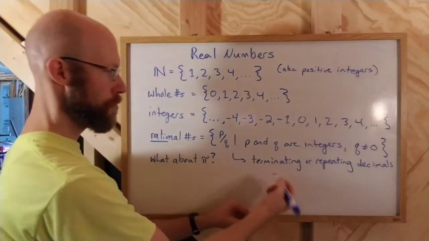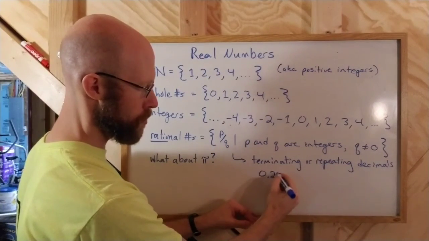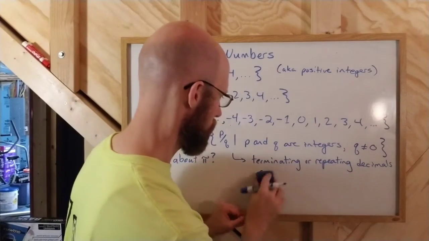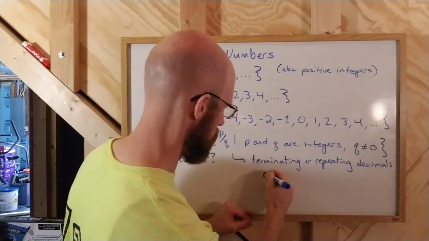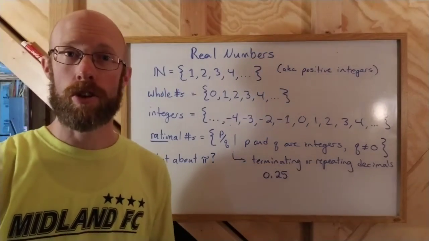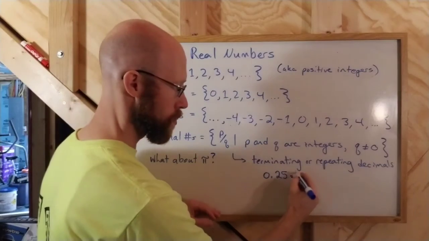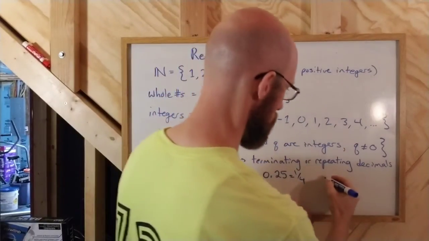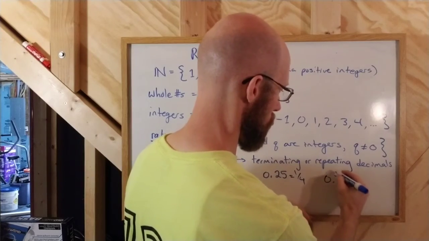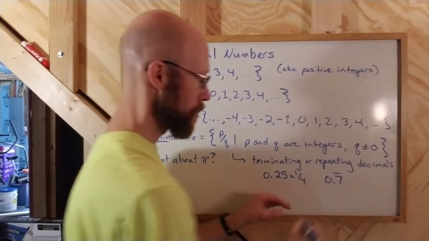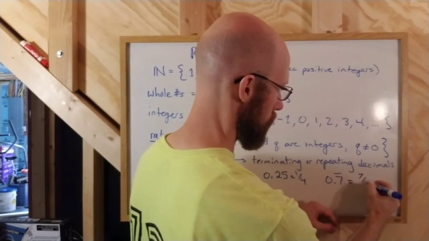Okay, so terminating would be like your 0.25, right? 1/4. That's a terminating decimal. 0.25. That's terminating, right? That's equivalent to the fraction 1/4. Repeating decimals. Well, something like 0.7 repeated, 0.77777 indefinitely. Well, that is a fraction, 7/9.